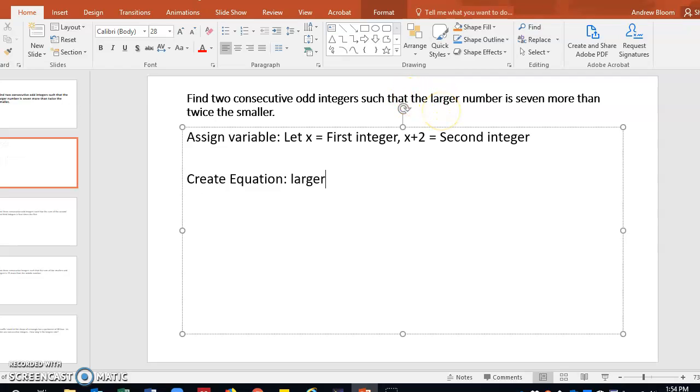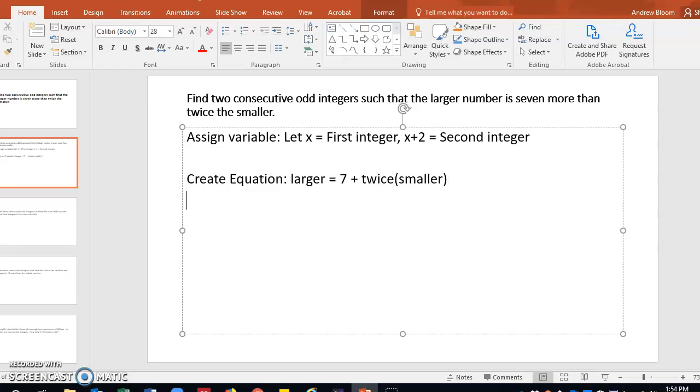The larger number is 7 more than twice the smaller number. This is a step that I like to take that I call Manglish. It's a made-up word, right? Not quite math, not quite English. That's expressing this relationship.